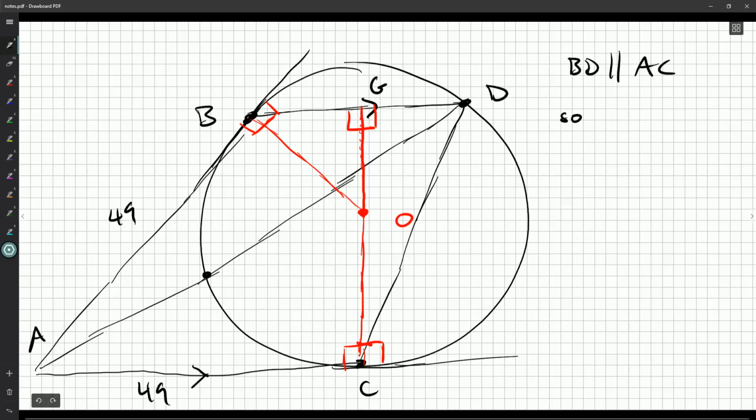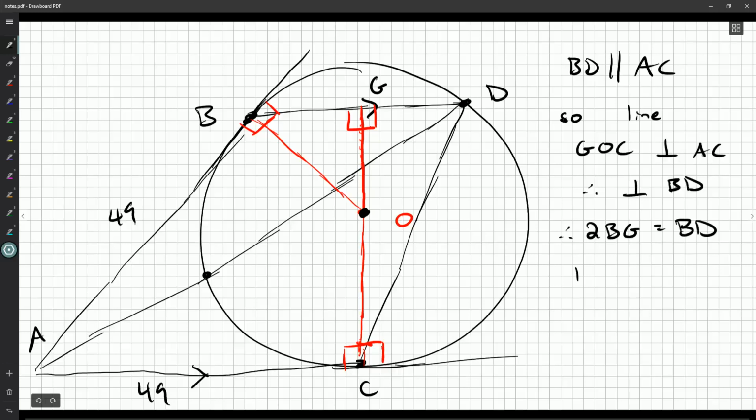So line GOC is perpendicular to AC and therefore perpendicular to BD. But if a line from the center of a circle is perpendicular to a chord BD, then it splits that chord in half. So BG is half of BD. Okay, so that's interesting in some way.